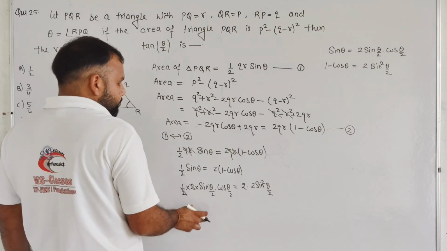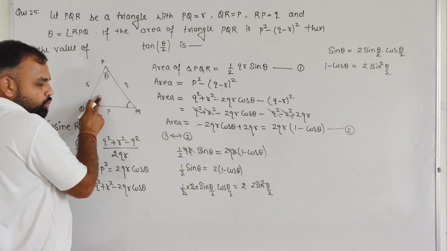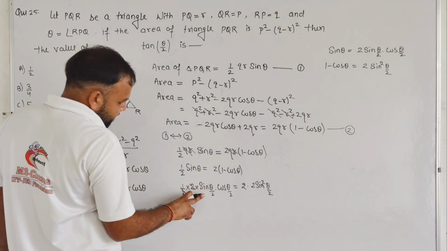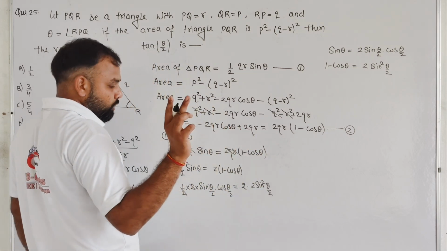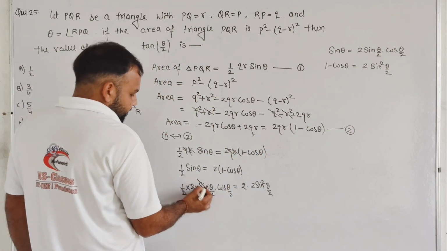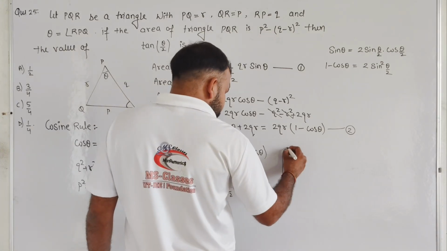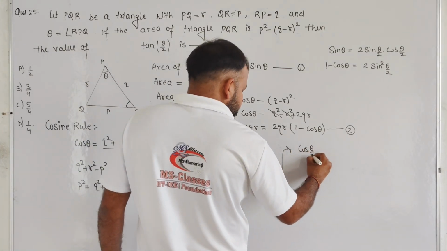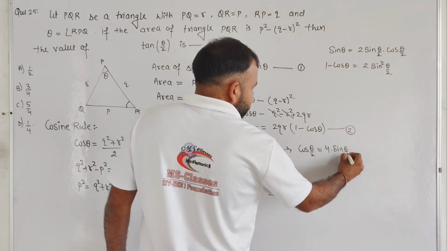So basically, student, you know very well that theta is the angle of a triangle. So theta can never be 0. And if theta is never 0, then sin theta by 2 is a non-zero quantity. So we can cancel sin theta by 2 with sin theta by 2. So this will become cos theta by 2 equals 2 into 2, that is 4 times sin theta by 2.